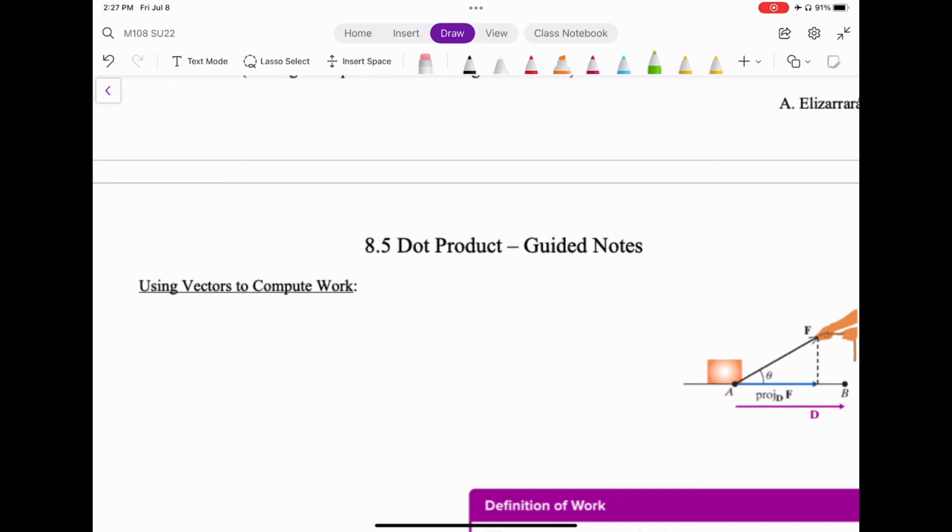We can use vectors to compute the work done on an object. Work is found by taking the magnitude of the force in the direction of motion times the distance that the object is moved, and work is going to be a scalar quantity.